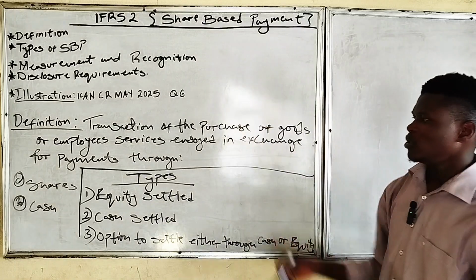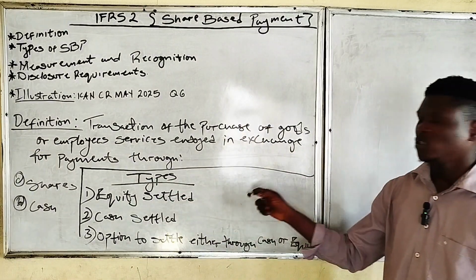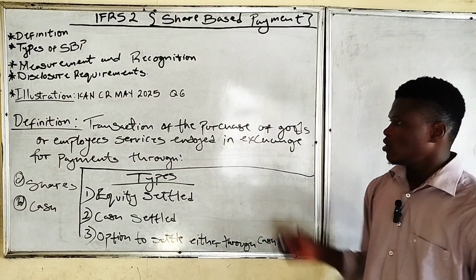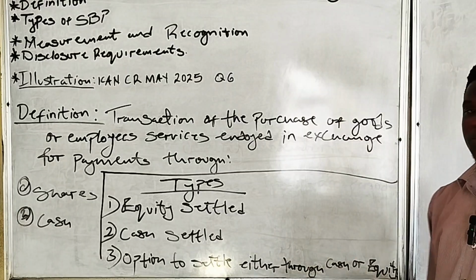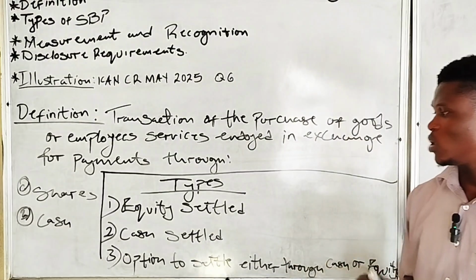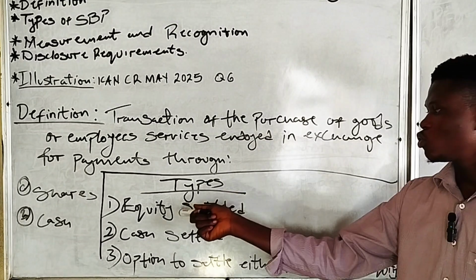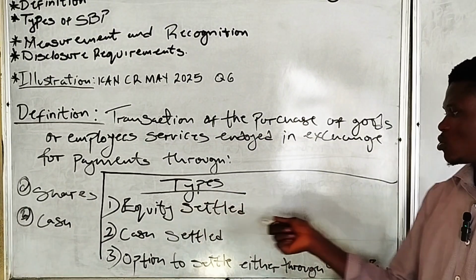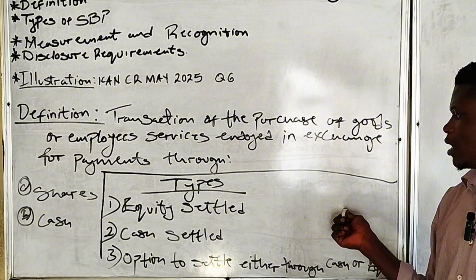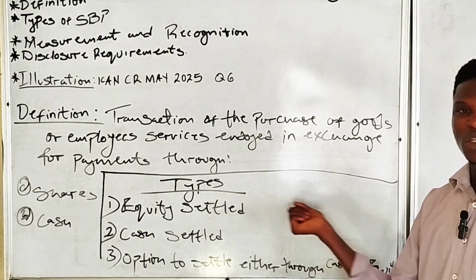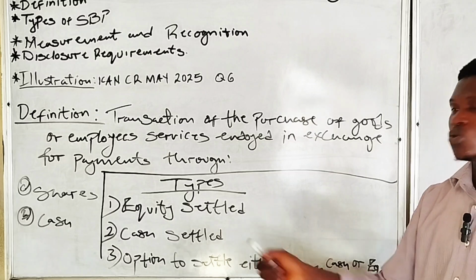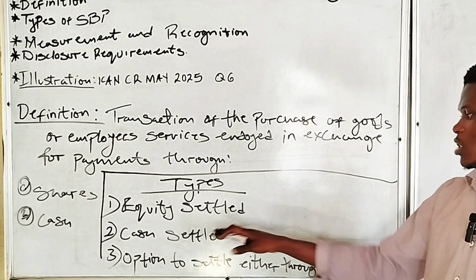So the types of share-based payments, the first of them is equity settled. Just like you said, you purchase goods and services. Instead of paying your suppliers cash in exchange for the goods which you have purchased, you are paying them back through shares. So equity settled is payment for goods and services in exchange for shares, while cash settled is still the normal cash settlement.